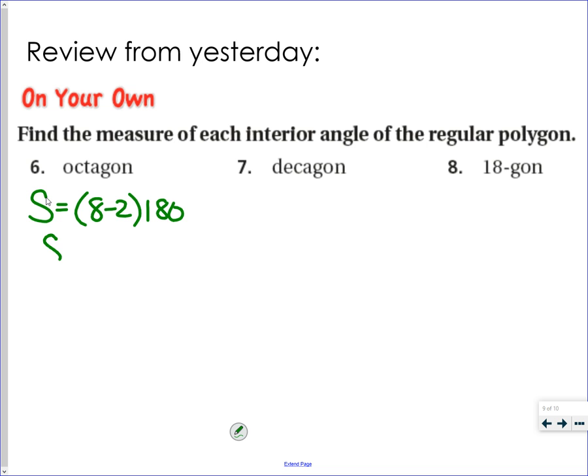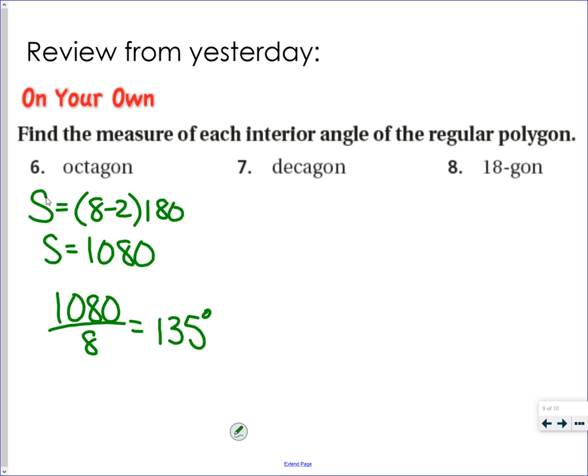So that's really going to be 6 times 180 is 1080. That's the sum of all of the interior angles. Then I would have to take 1080 and divide it by 8 to find out one of those interior angles. So 1080 divided by 8 would be 135.